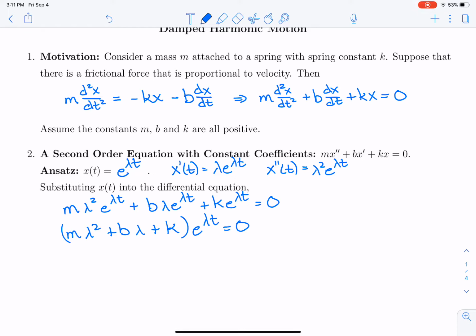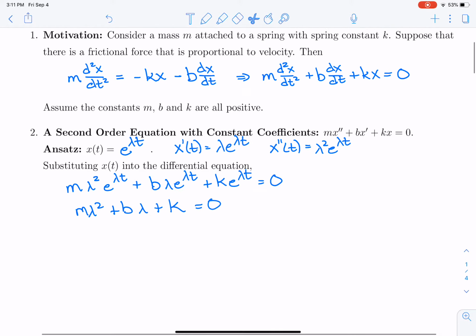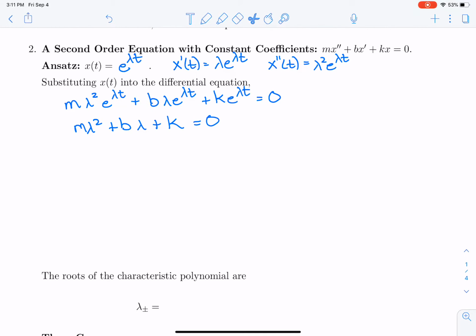Or another way to write that is just that m lambda squared plus b lambda plus k must equal 0. Now, this has a name. This is actually called the characteristic polynomial of this equation.